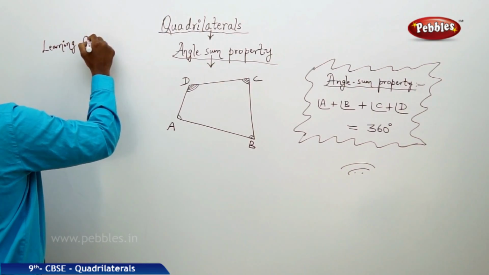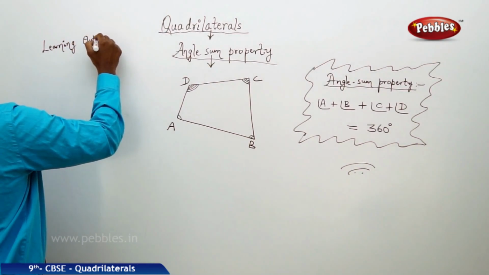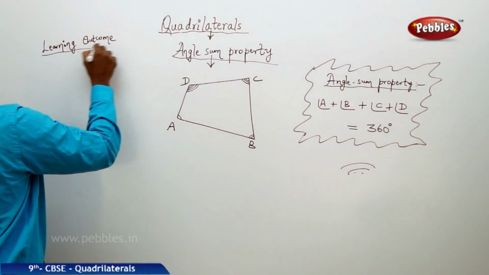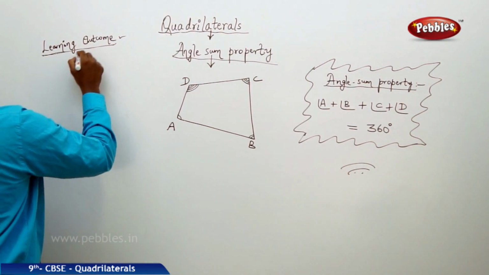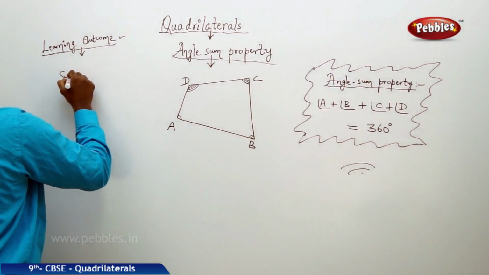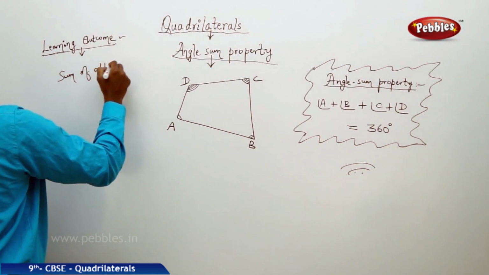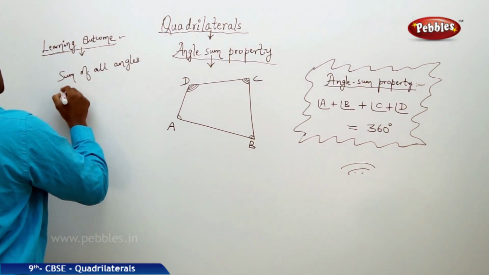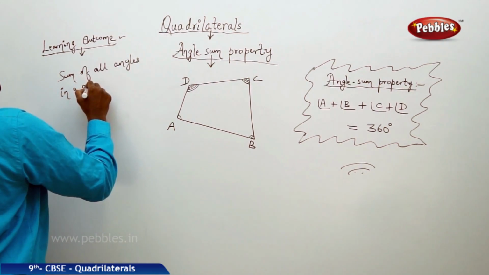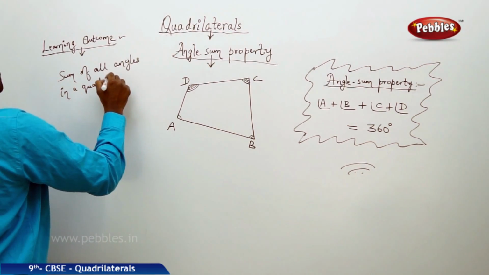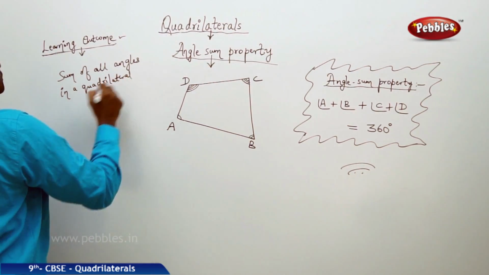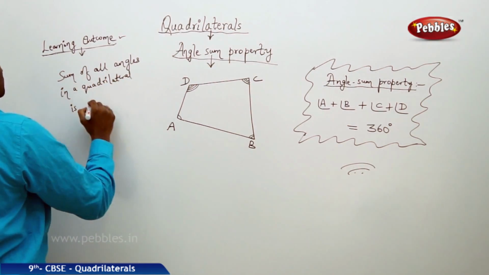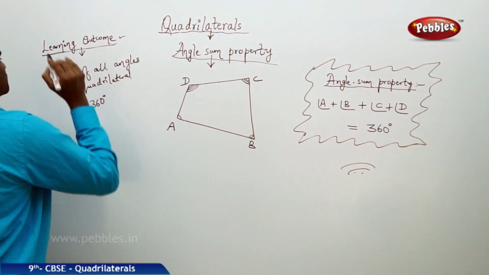Learning outcome here is that the sum of all angles in a quadrilateral is 360.